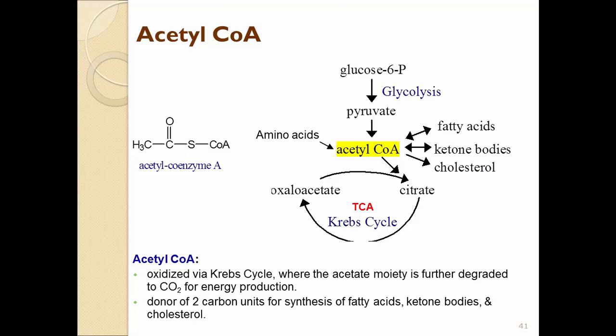So this is the pathway of how fat is synthesized in the fed condition when we consume extra energy. All right, so just keep in mind this is a very important central molecule that connects all metabolic pathways, right?